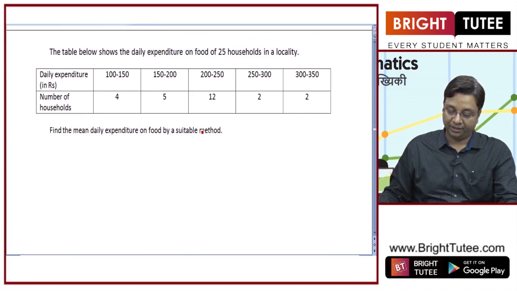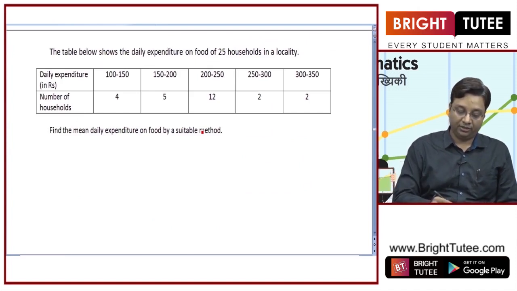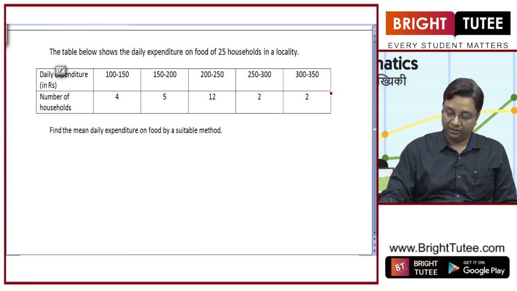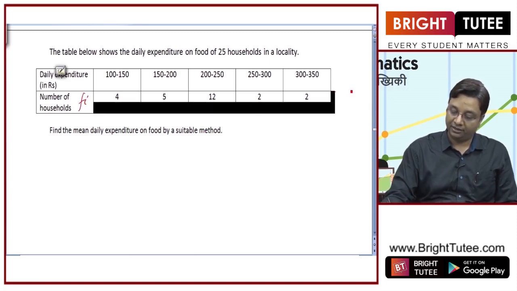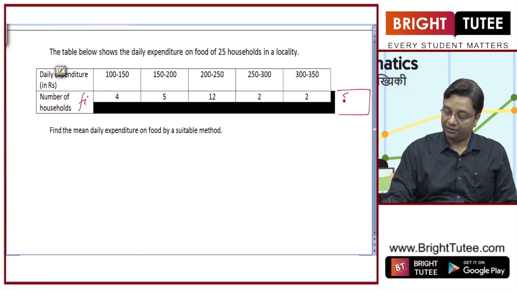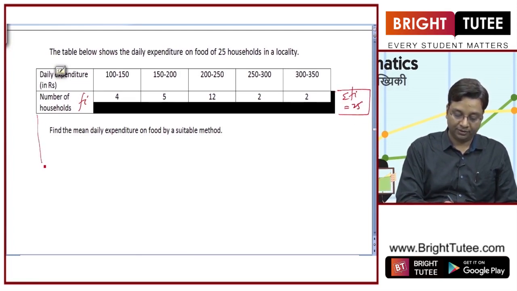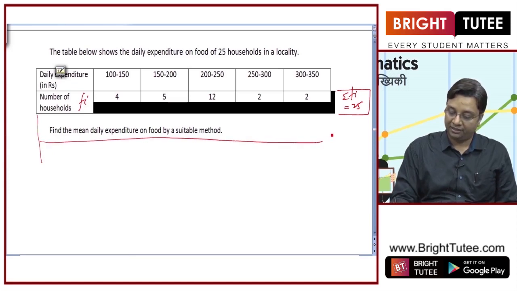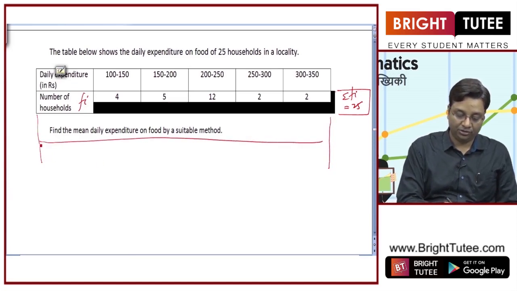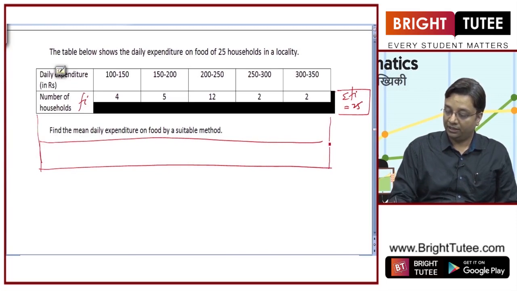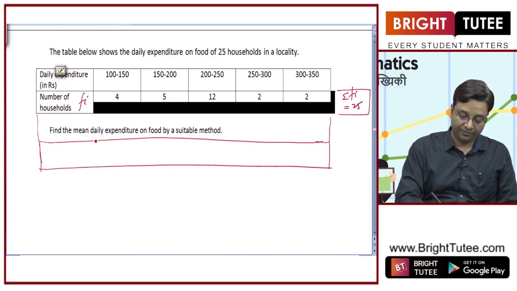This is the daily expenditure on food of 25 households in a locality. So obviously if this is fi, then sigma fi is 25. I am making the table here itself so that I use lesser space.